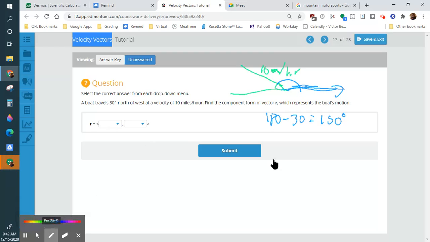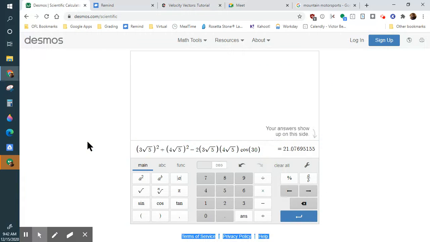The magnitude in this case is 10. So when we're looking for x, we're looking for 10, which is our magnitude, times the cosine of 150. We're going to use the Desmos scientific calculator.